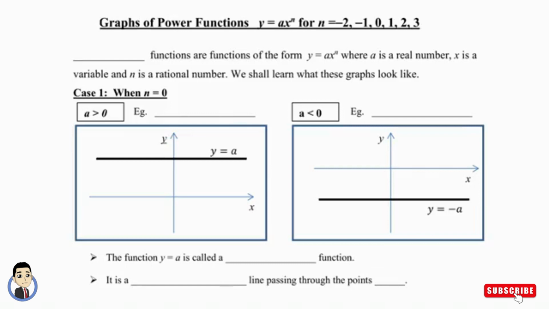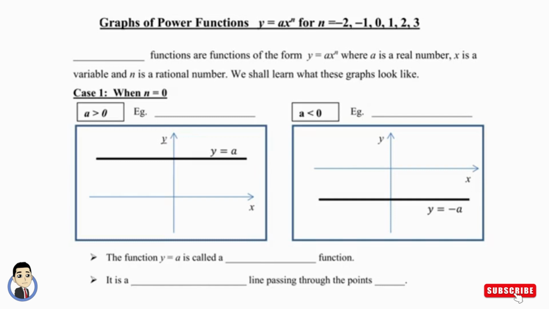Welcome to this video as we are going to explore graphs of what we call power functions, which basically means y equals a times x to the power of n, where a is a positive real number, x is a variable that can be any number, and n is a rational number.